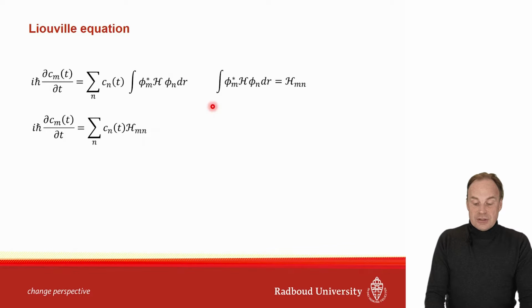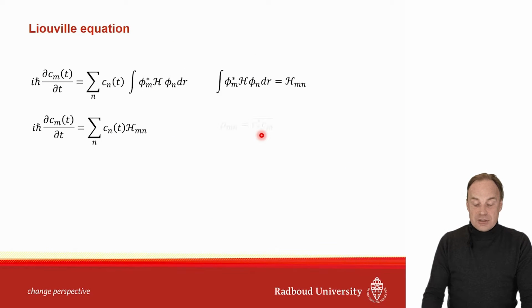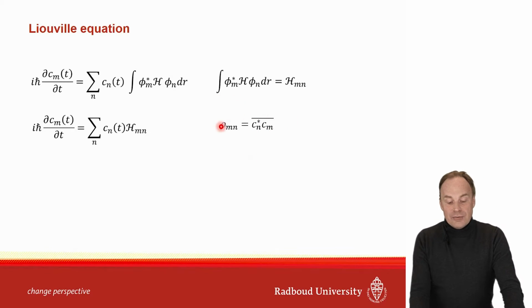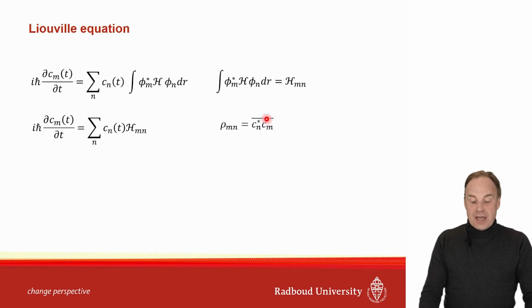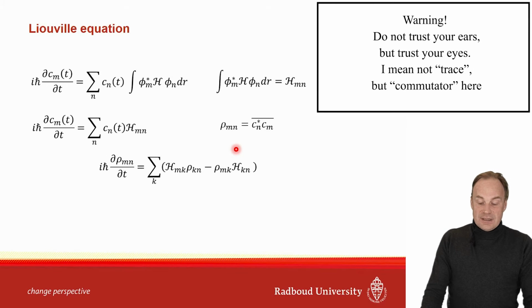If you now take into account the very definition of the density matrix, then we can express this form of the Schrödinger equation in terms of the density matrix. We get here the sum of products H_mk rho_kn minus rho_mk H_kn, and this sum is simply the trace of the product of two matrices, shown by this square parenthesis here.